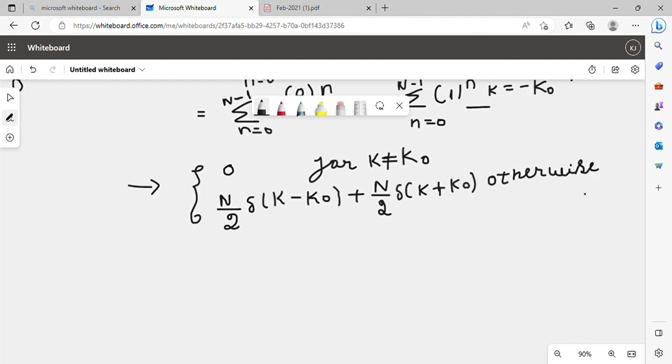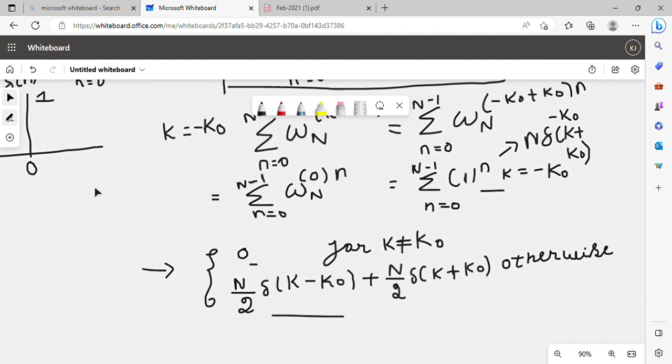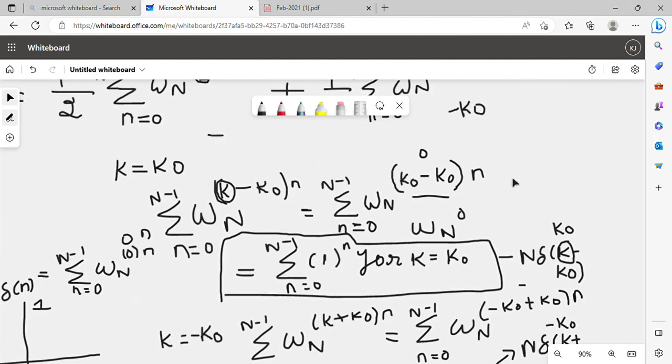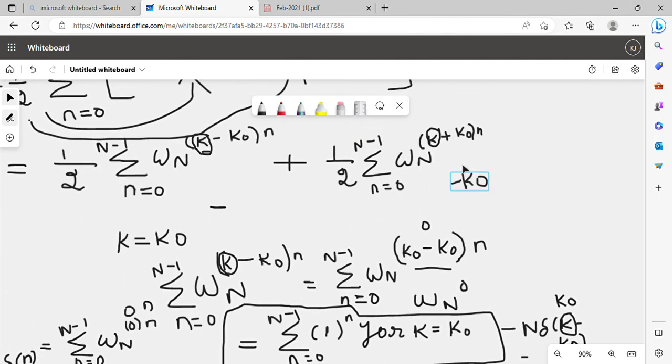So now, how did I get this? The 0 I already told you. We have equation number 2, and after getting it, what I did is simplify omega n to the power of k minus k naught into n.